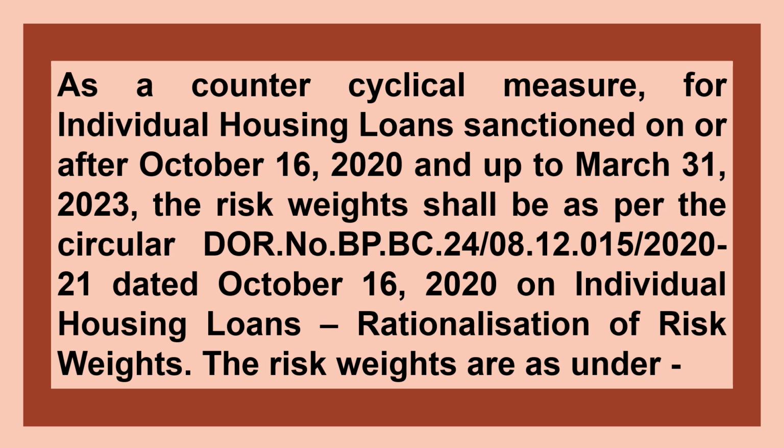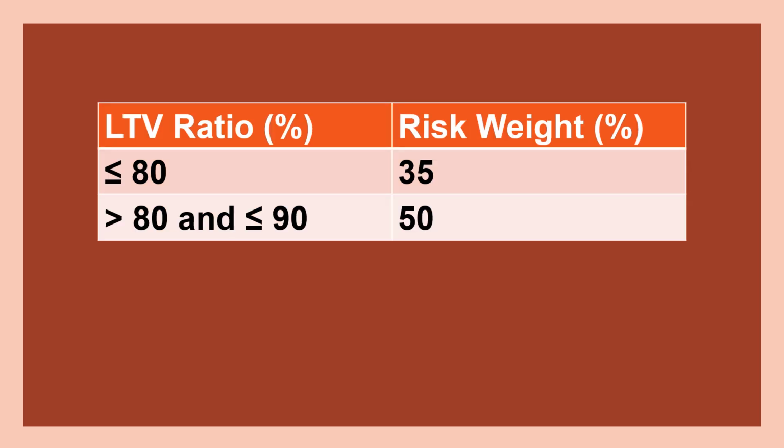The risk weights are as under. LTV ratio less than or equal to 80%, risk weight is 35%. LTV ratio more than 80% and less than or equal to 90%, risk weight is 50%.